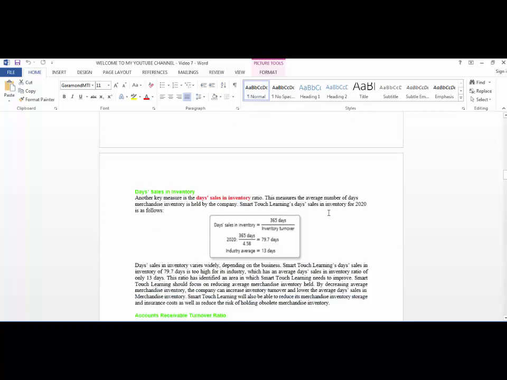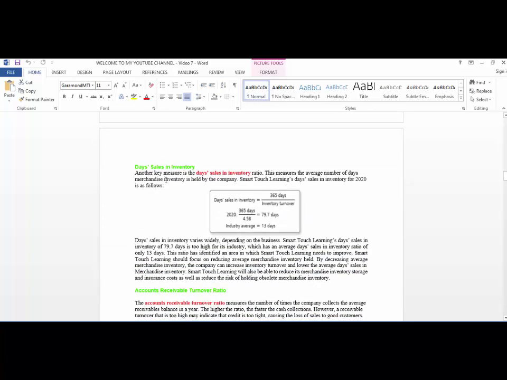Now we have to find another ratio called day sales in inventory. That's the key measure, and this ratio measures the number of days merchandise inventory is held by the company. The formula is day sales in inventory equal to 365 days divided by inventory turnover. For 2020 the days are 365 and 4.58. How can we get it?